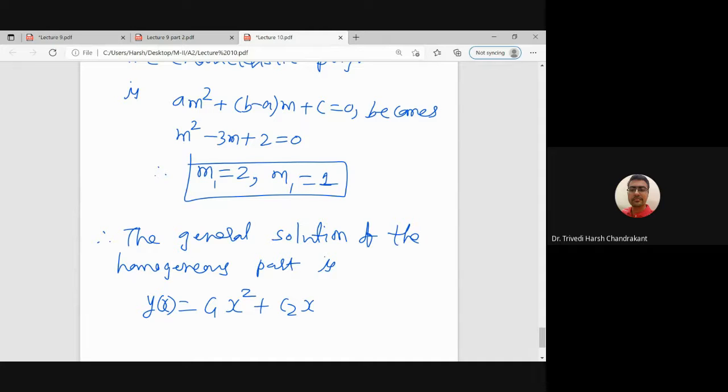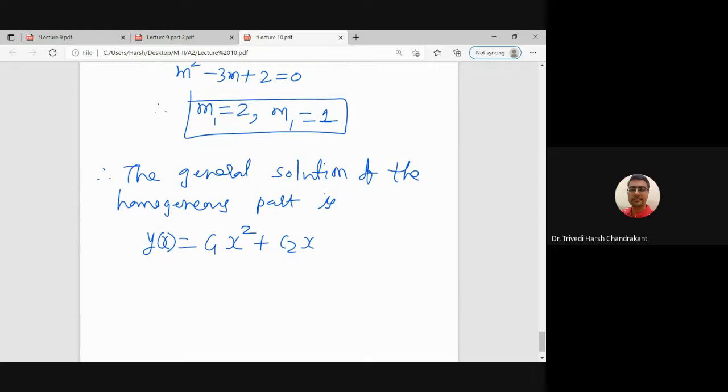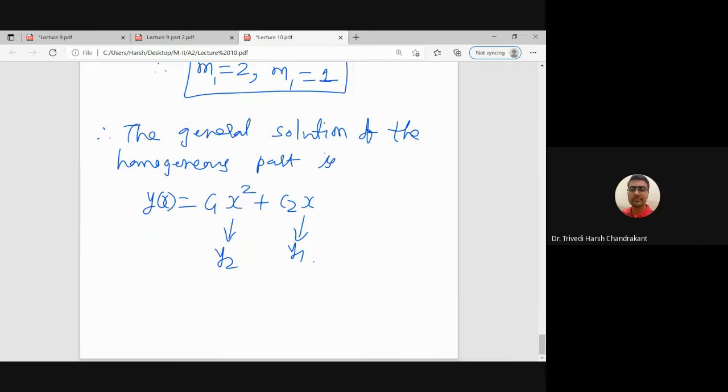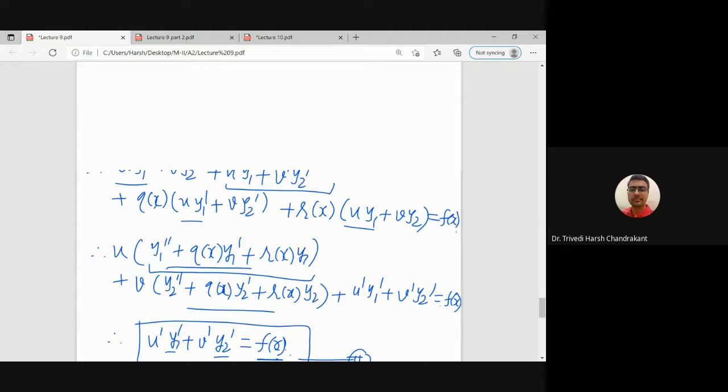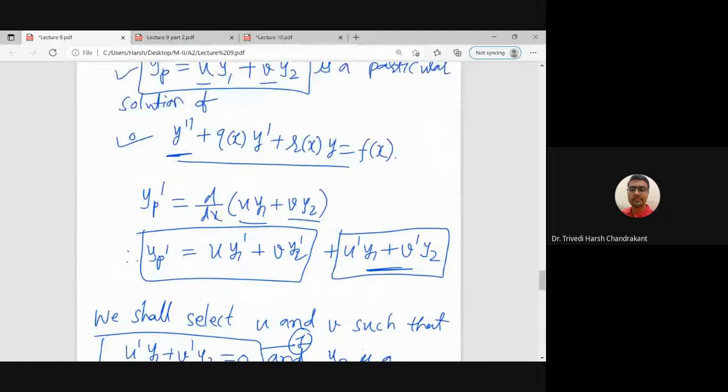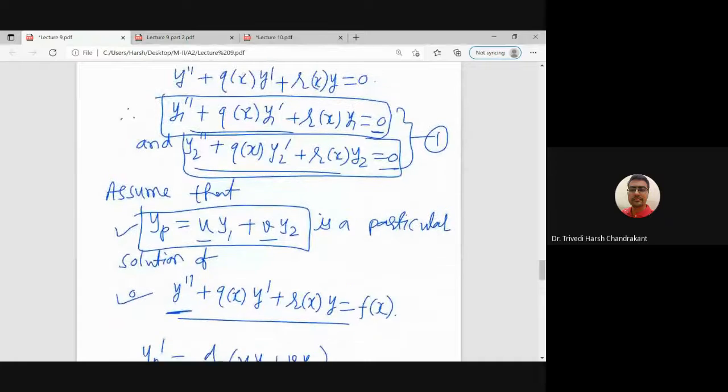All right, so one of the functions we can call y1, and y2, and this y1 and y2 are LI solutions. So now we can find the particular solution, but to find the particular solution, what we need to do is we need to find the corresponding second order equation.